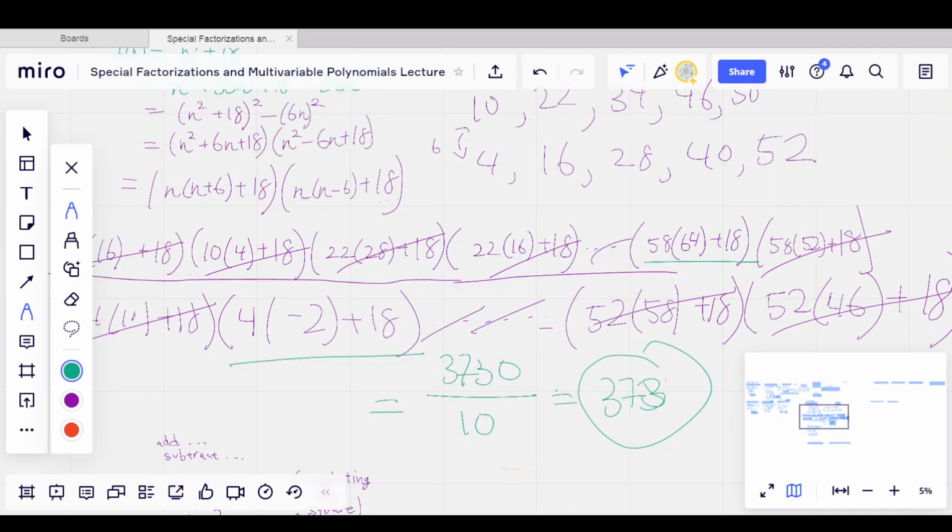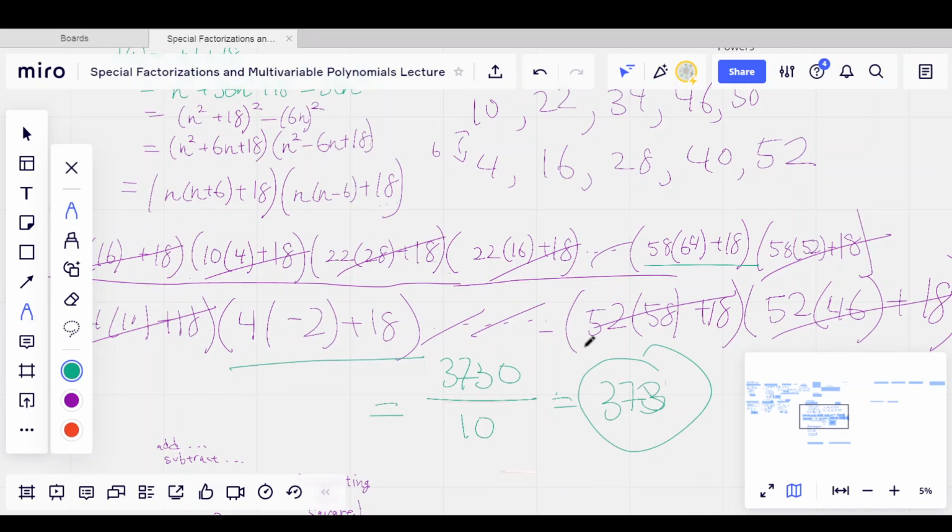So, any questions about this example? Okay.